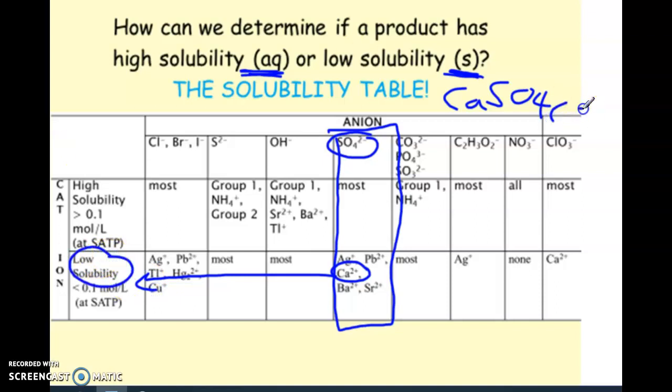So calcium sulfate is an example of where we would put an s. If it's not found in your bottom row, obviously it would fit in the top row. So if this was potassium sulfate, for example, potassium is not down here, so it would automatically be a high solubility compound.